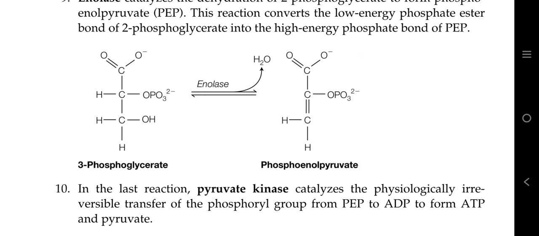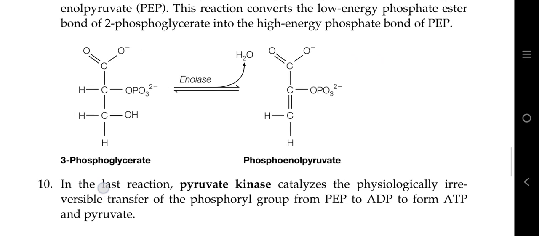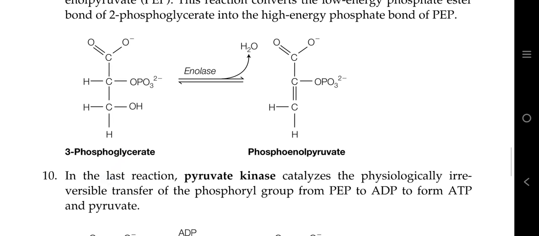So the 2-phosphoglycerate is converted into phosphoenolpyruvate, and a water molecule is removed, and this water molecule comes from the hydroxyl group of the third carbon and the hydrogen from the second carbon. They make up a water molecule, and we can see that there is a carbon-carbon double bond between the second and the third carbon.